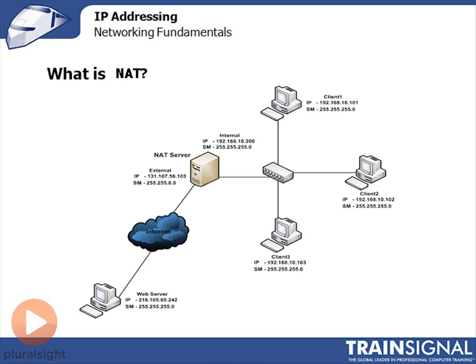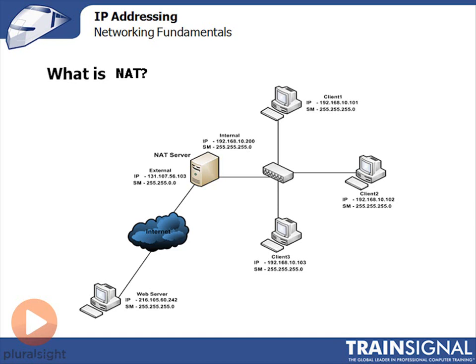And then it will put in its own memory, it'll do what's called cache that request. It'll say to itself, okay, I know that client 1 was looking for this particular website. So the NAT server will then send the request out onto the internet using the valid external internet IP address.